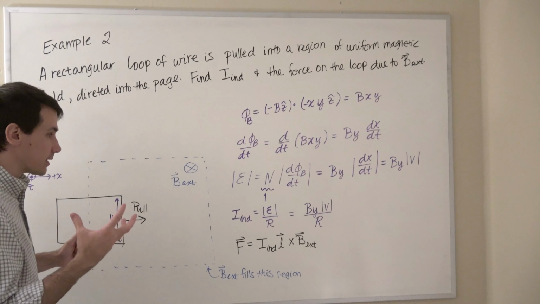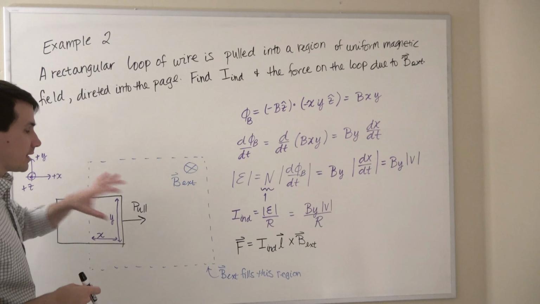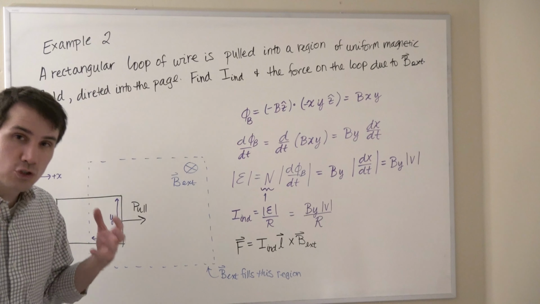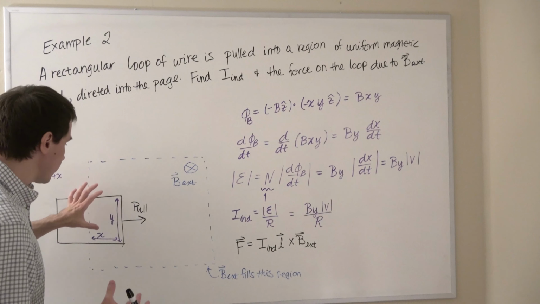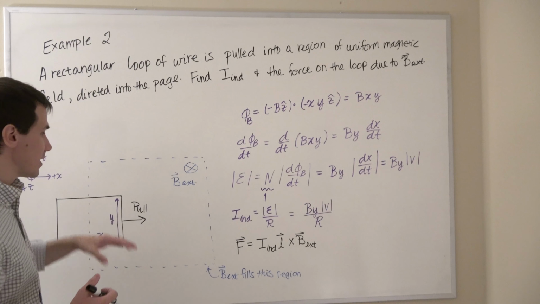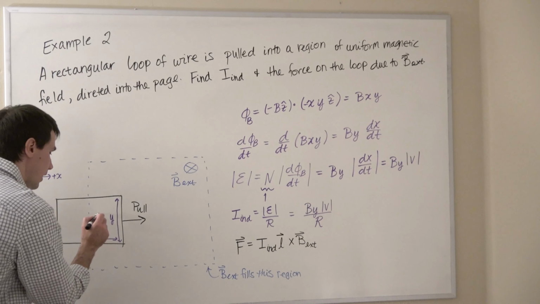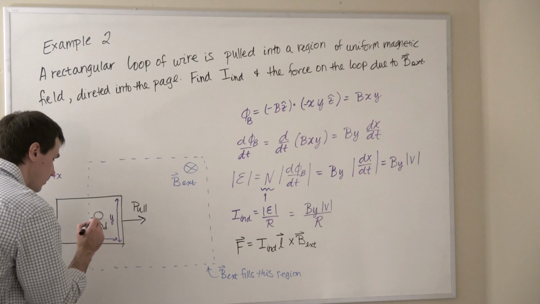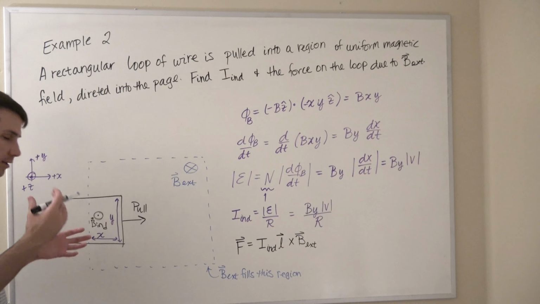So our flux is increasing and the magnetic field points into the board. This tells us that we are going to have an induced magnetic field within the loop, which should oppose that increase in flux and point out of the board. So we're going to have an induced magnetic field pointing out of the board.